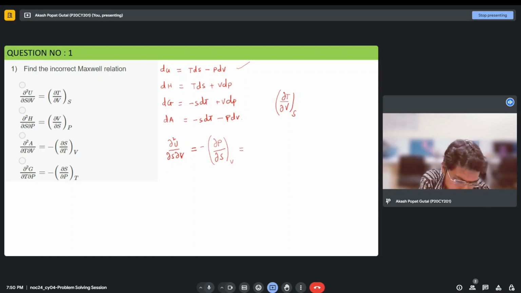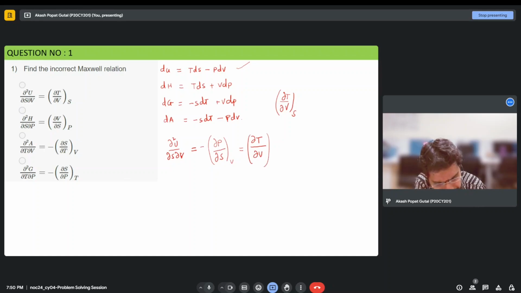The opposites, when multiplied, must have the dimension of energy. So the counterpart of S is T. When T and S are multiplied, we get the dimension of energy. So its counterpart should be del T, and for del P, its counterpart will be del V.